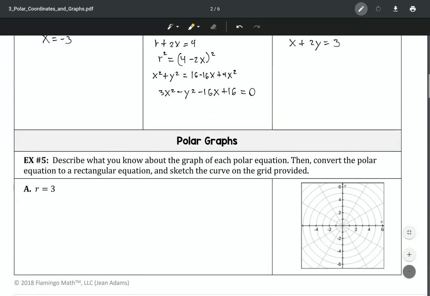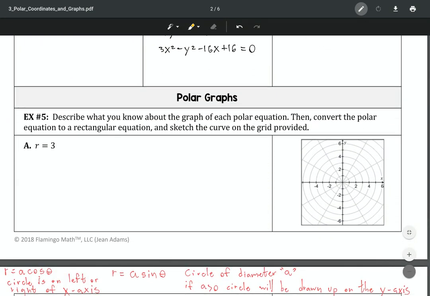Obviously, if you have multiple choice, you need to keep working until you get it. All right. So polar graphs. At some point, I'm going to tell you about how to do some of this. But if all your equation is r is equal to 3, all that means is that you're going to have a circle of radius 3.